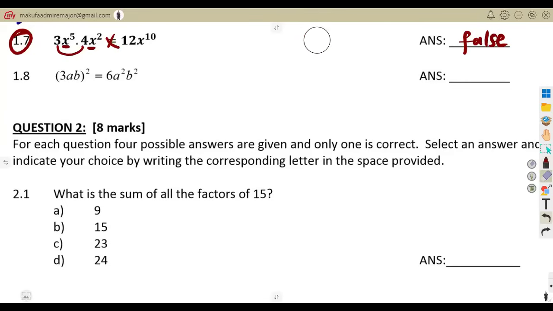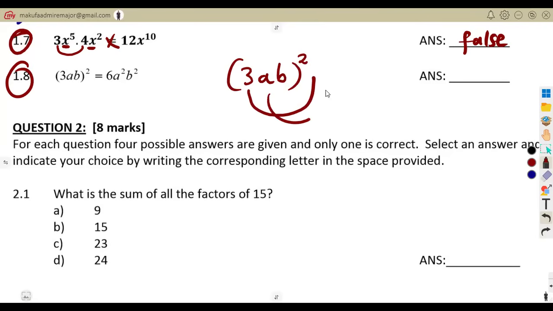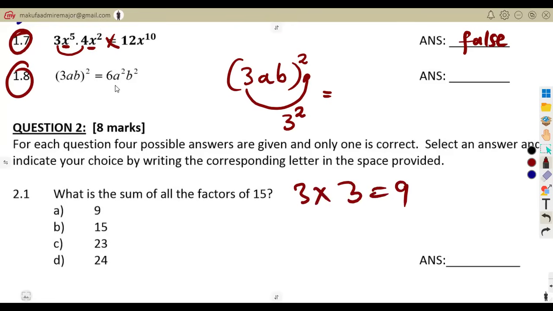All right. Consider another question. You are given 3ab raised to the exponent of 2. What does it mean? It means each and every term is going to be raised to that exponent. It is going to be 3 to the exponent of 2. That's 3 times 3, which is 9, not a 6.